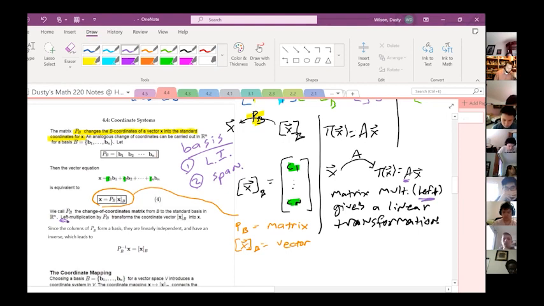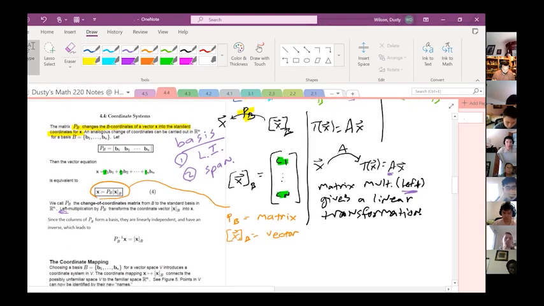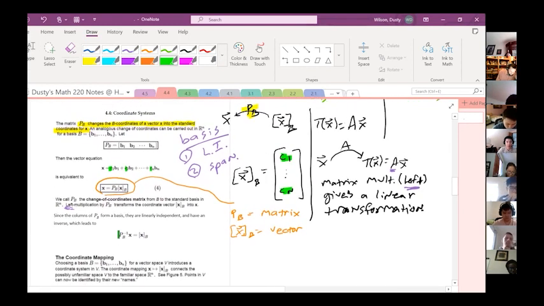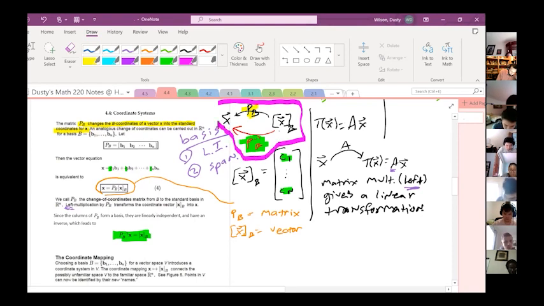And since they are linearly independent, they have an inverse, which leads us to PB inverse times X equals the B coordinates of X. So this part right here is saying that we can come back with PB inverse. Questions?